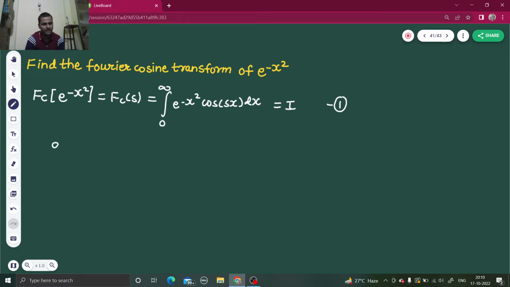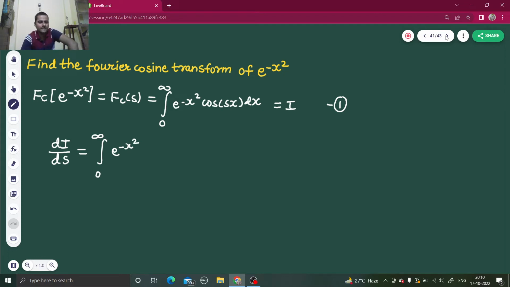So let's take this as equation number 1. Now what we can do, we can find dI by ds. So only concentrate on terms containing s. So that will be integral 0 to infinity e power minus x square.